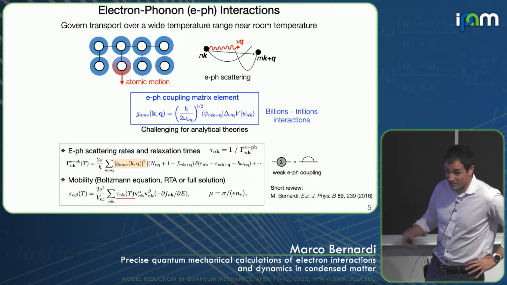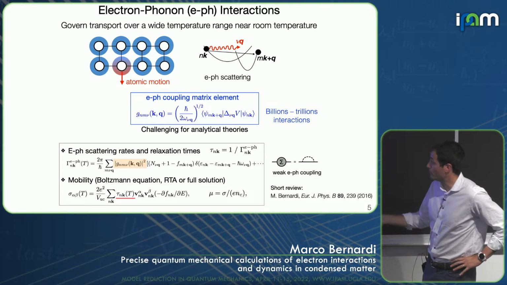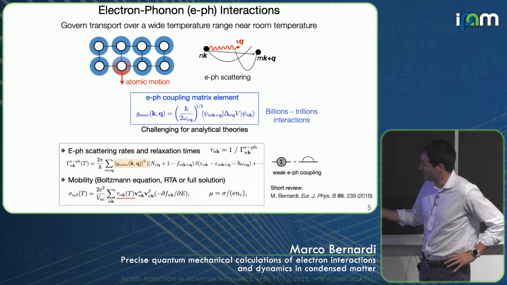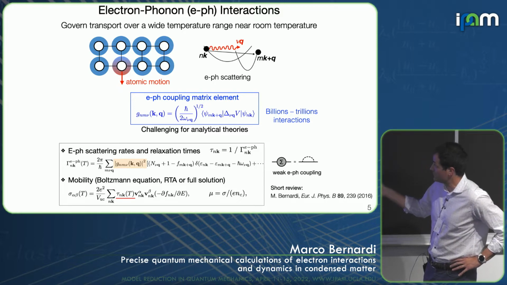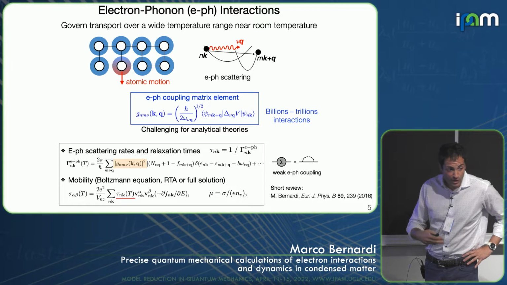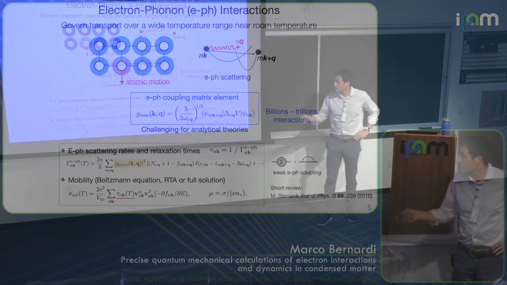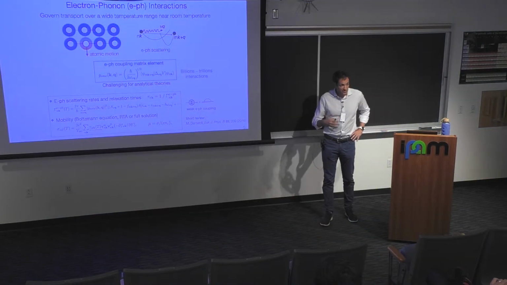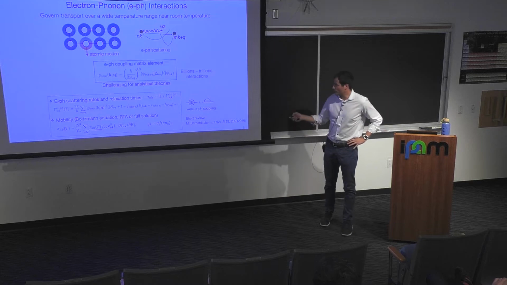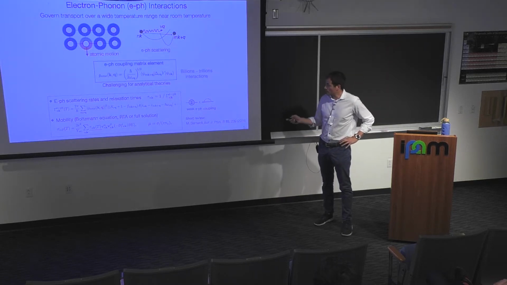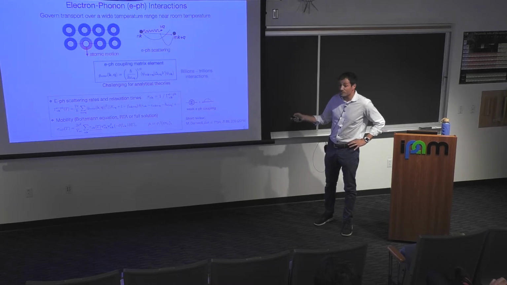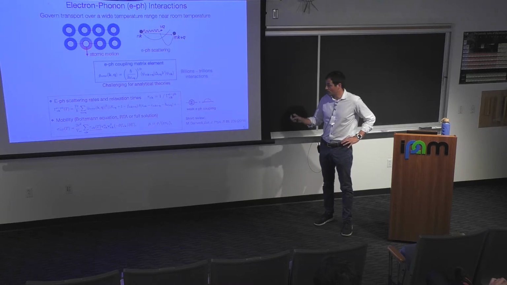However, using the density functional theory formalism, we can obtain these coupling matrix elements and resolve them for different electronic and vibrational states. As I will show today, ultimately, we end up using billions or sometimes even trillions of these interactions. So these are not really minimal models. However, in this framework, these are not fitting parameters. They're actually computed deterministically.